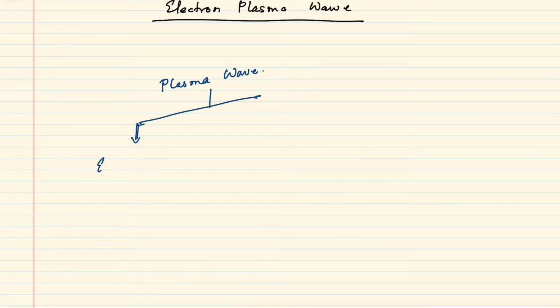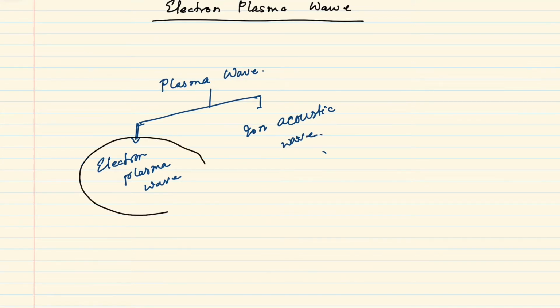One is electron plasma wave, another is ion acoustic wave. In this video, we are going to discuss electron plasma wave.